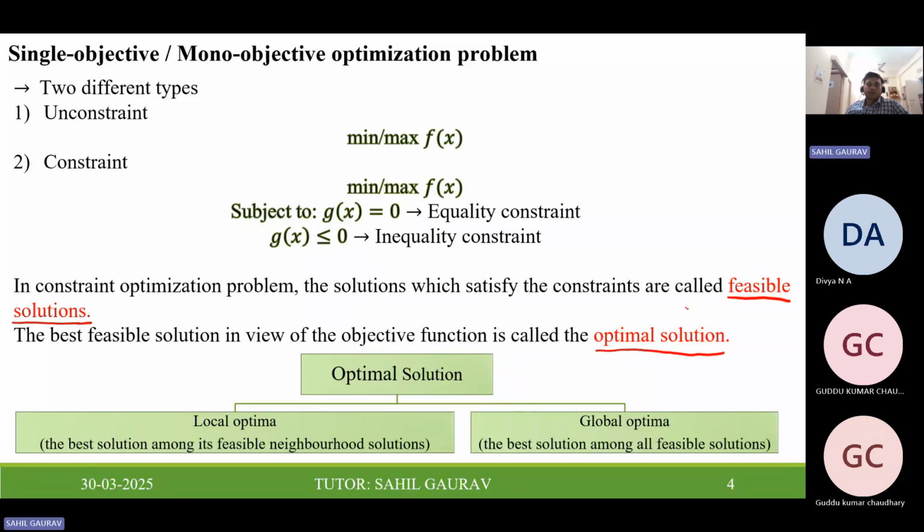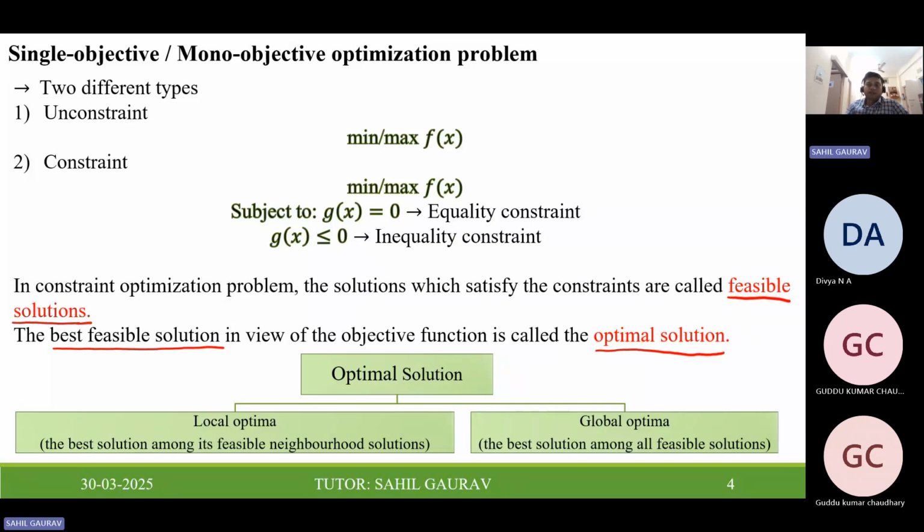So there are many solutions for this optimization function, but those solutions that satisfy the constraints we call feasible solutions, and among the feasible solutions, the best feasible solution in view of the objective function, we call the optimal solution.